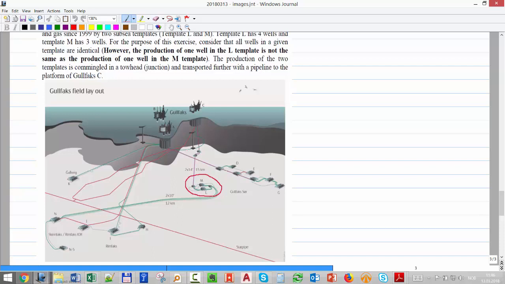So we want to calculate the natural flow through this system. We don't want to solve all 7 wells, as that will be a huge system of equations that we don't have time to solve in class. So I'm going to assume that all wells in this template are identical, and all wells here are also identical, to find the rate. That's our problem.